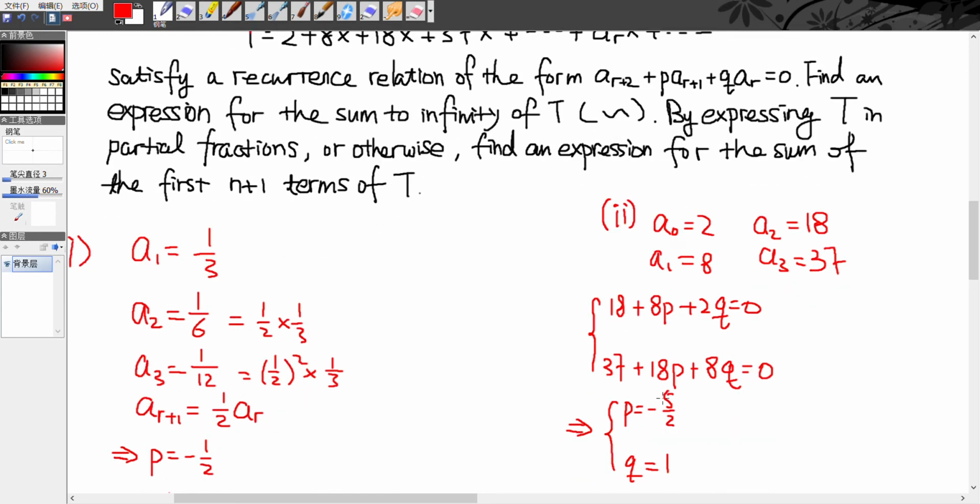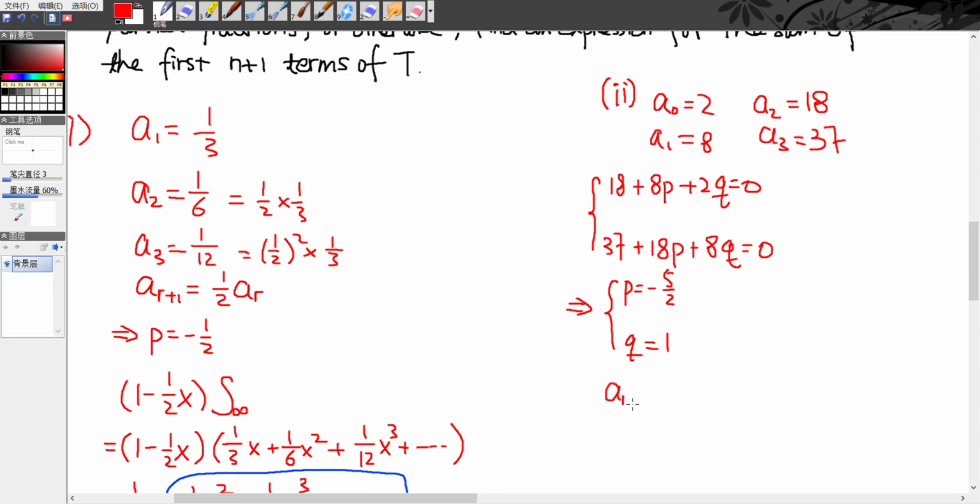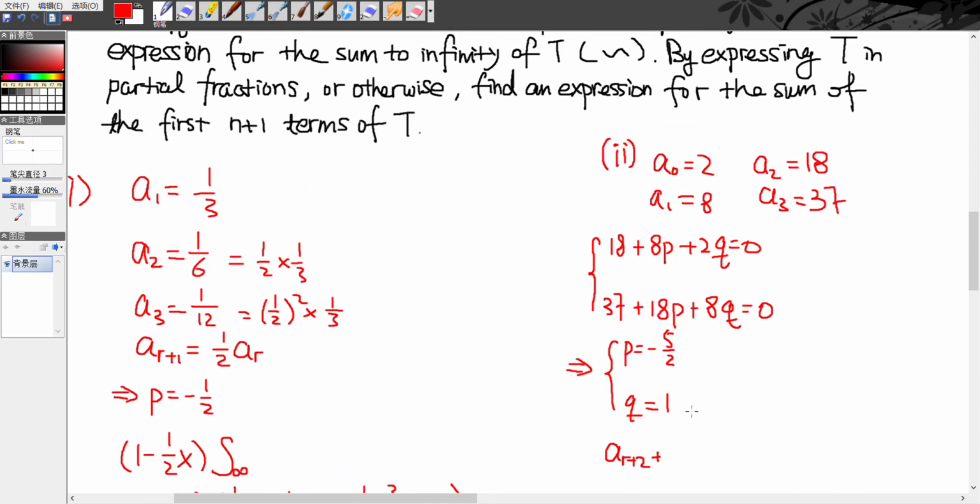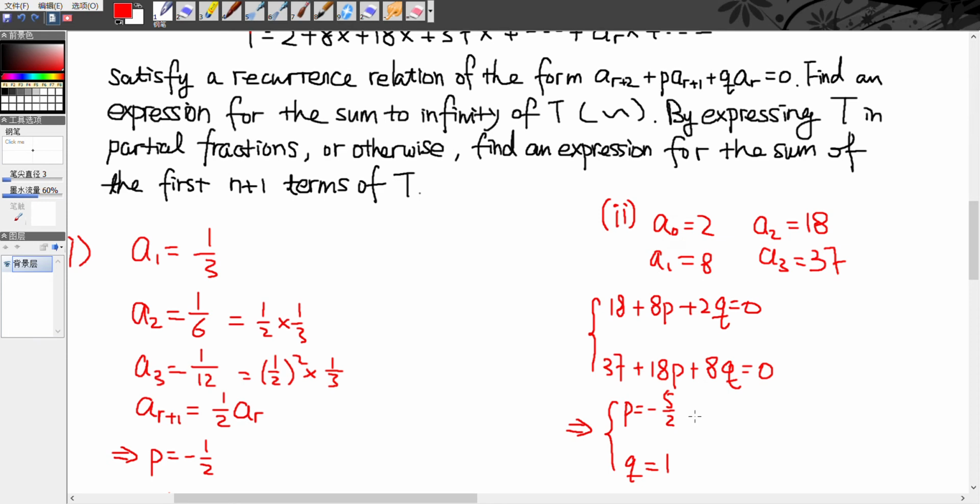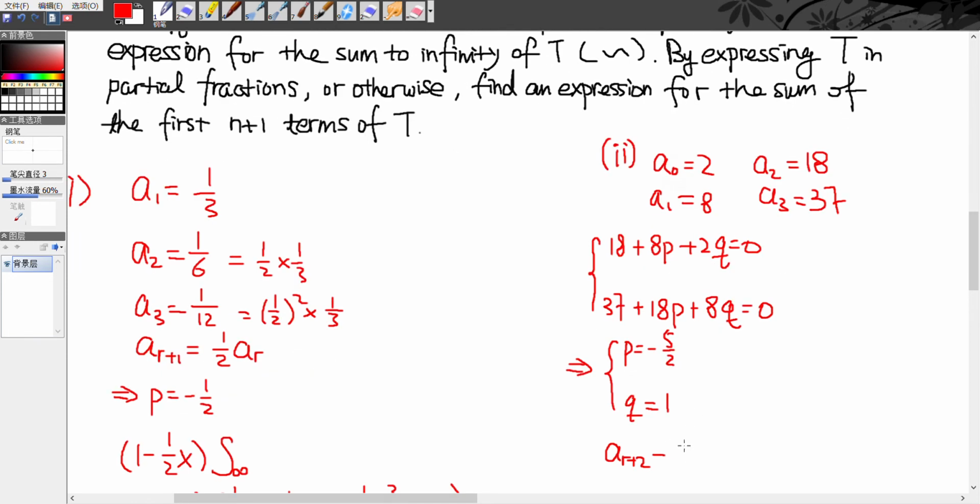Okay, so our recurrence relation is just a r plus 2, oh, I'm sorry, a r plus 2 minus 5/2 a r plus 1 plus a r equals 0.